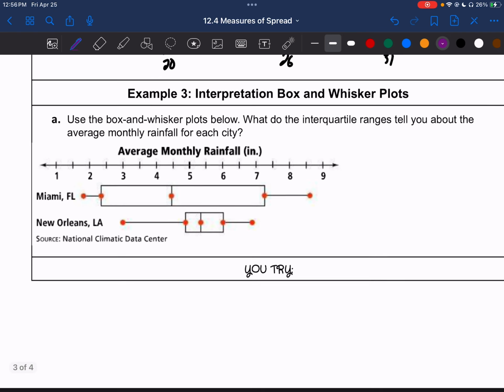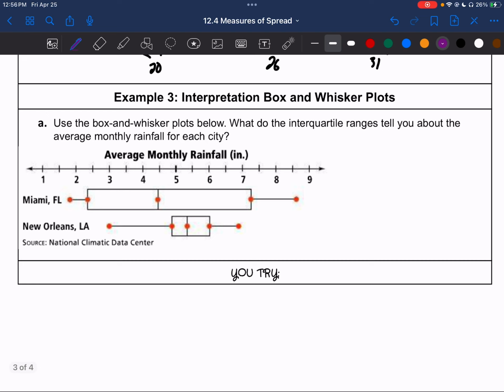So now, interpreting box and whisker plots, we're going to use the given box and whisker plot and figure out what the interquartile range tells us. So what does it tell us for Miami? The interquartile range is from a little less than 2.5 to a little more than 7.